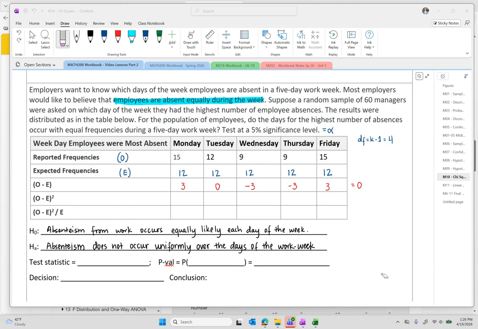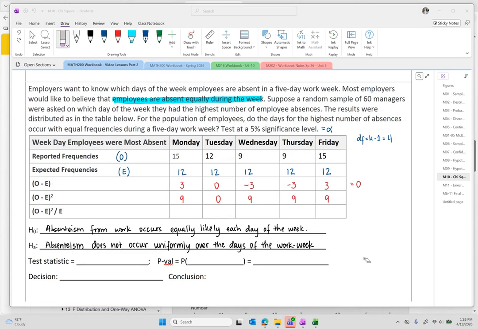And then we want to square these quantities, observed minus expected, and that will equal 3 squared, 0 squared, -3 squared, which would be positive 9, -3 squared, again positive 9, and 3 squared, positive 9.